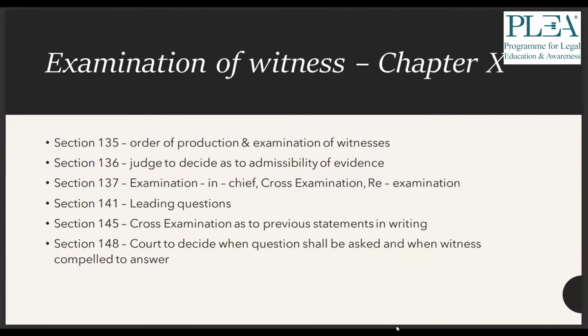Now we come to chapter 10, which talks about examination of witnesses. Now this is very important. When you build your case, you have two important evidences in the court to prove. One is the documentary evidence and second is the witness. Documentary evidences are mostly very simple and direct, but witnesses could be a little tricky.